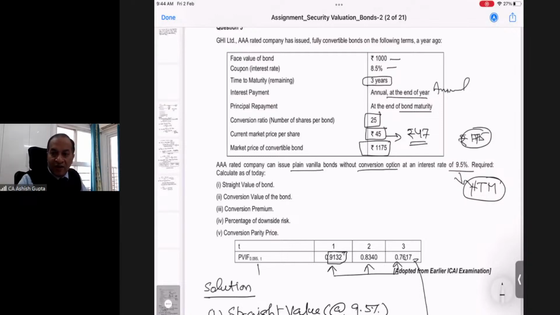Next, we are coming to the concept of bond duration. Okay, let us discuss the concept of bond duration.